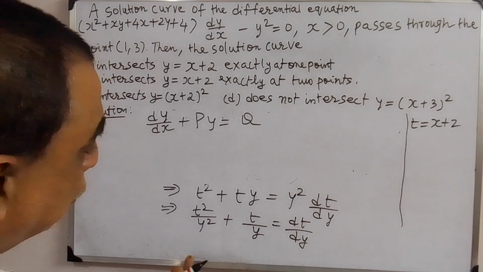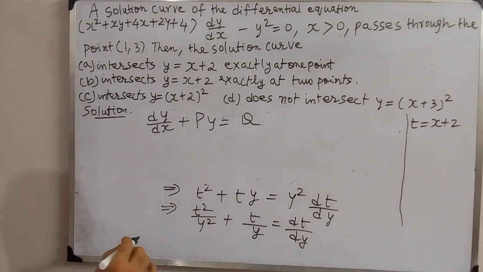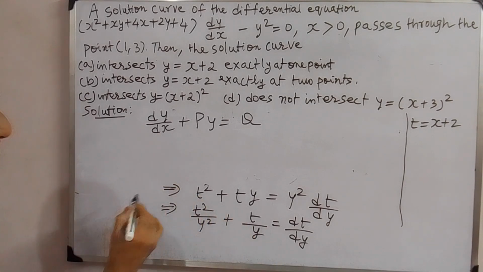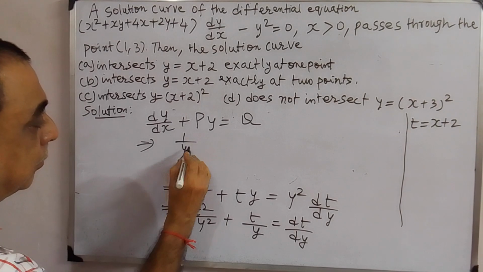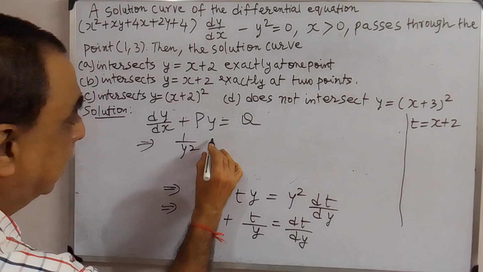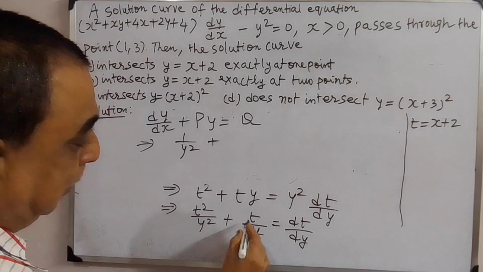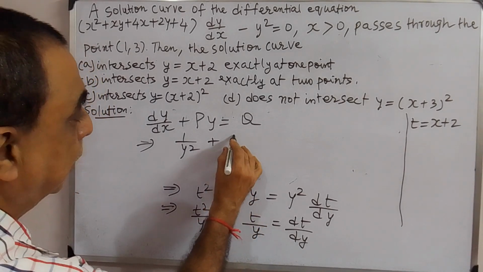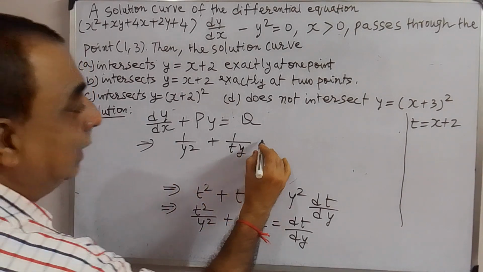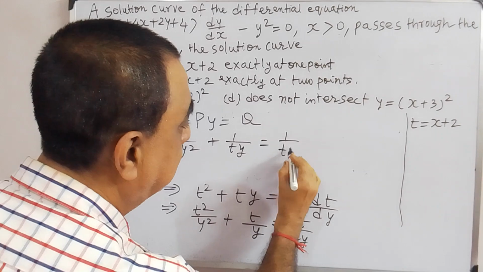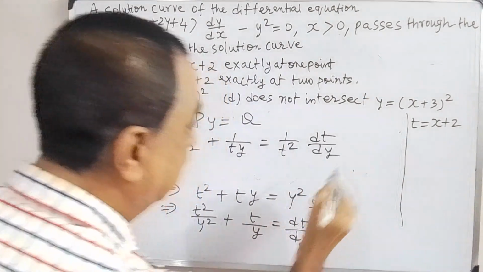Now we have to remove t squared. Dividing throughout by t squared, we will have 1 by y squared plus 1 by ty, and here 1 by t squared dt by dy.